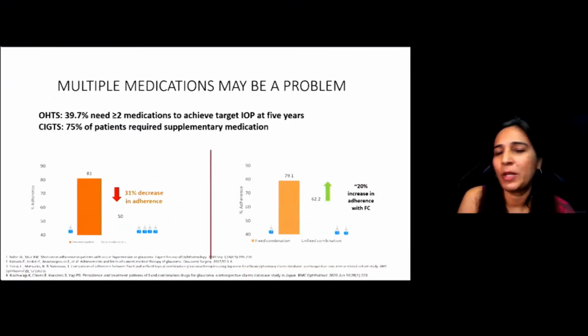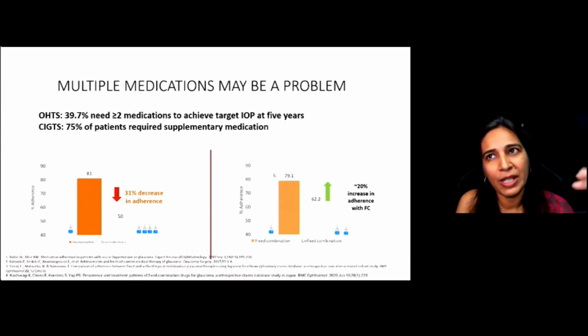Non-adherence has been related to patients receiving multiple medications. Adherence amongst glaucoma patients decreased from 81% when they were on one medication to 50% when they were on 4 medications. And similarly, there was a 20% increase in adherence when the patient was shifted to an FDC as compared with concomitant administration of the 2 separate medications.